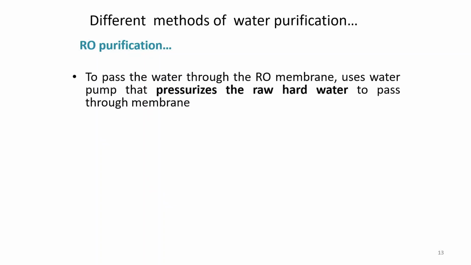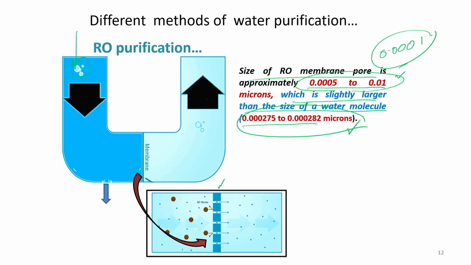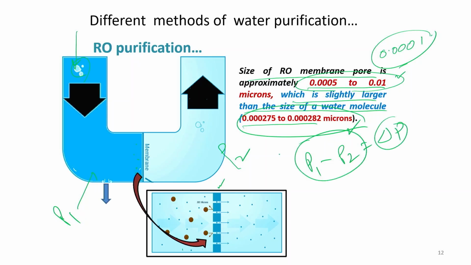So, to pass the water through the RO membrane, we use a water pump, because we need a pressure drop. Here P1 minus P2, that pressure drop has to be there. So, we use the pump to create the pressure difference.